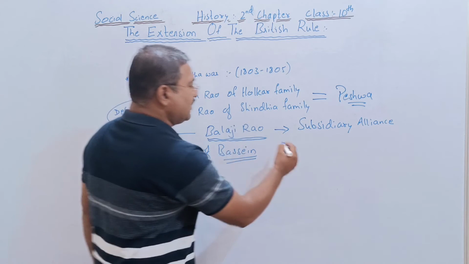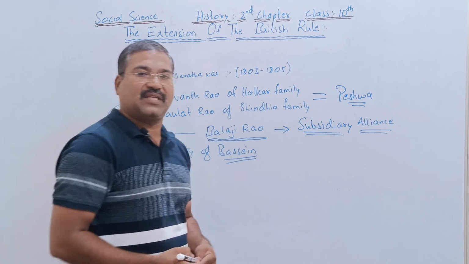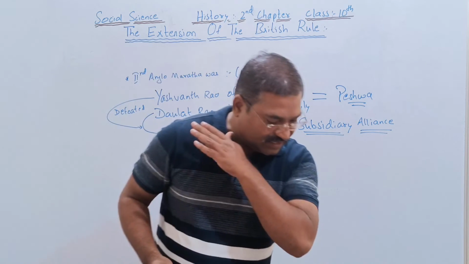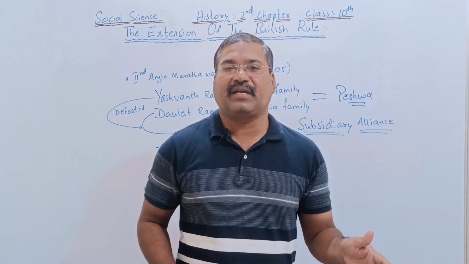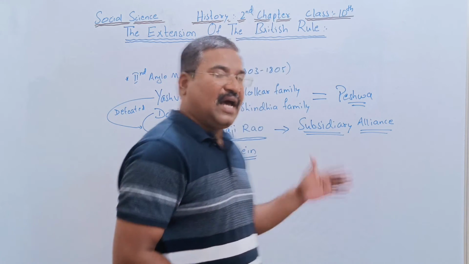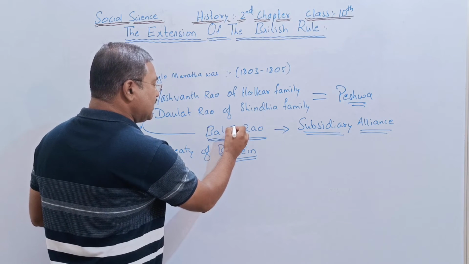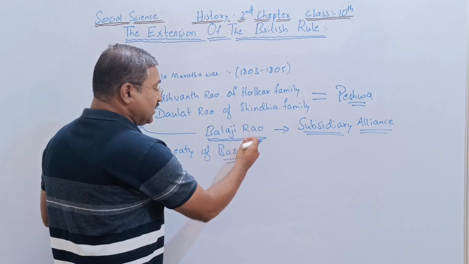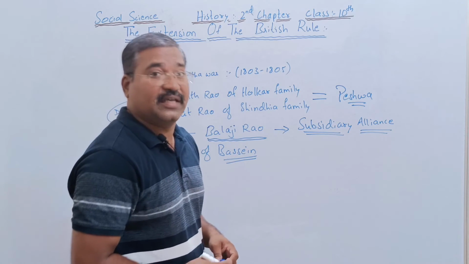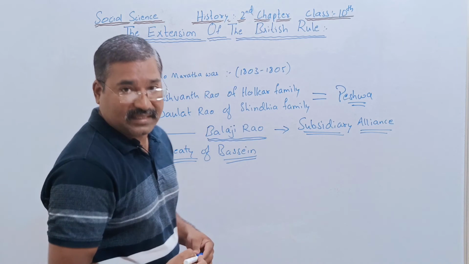Treaty of Basin accepted this agreement called subsidiary alliance. There was a direct interference of the British. Lord Wellesley interfered in this matter and gave support to Balaji Rao, which came to a conclusion by the signing of the Treaty of Basin.